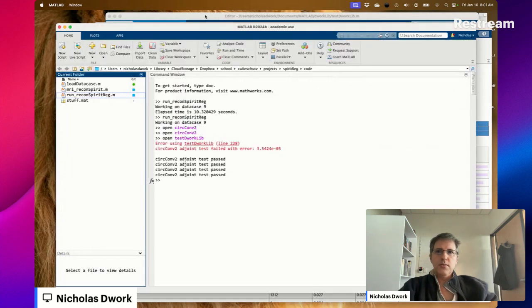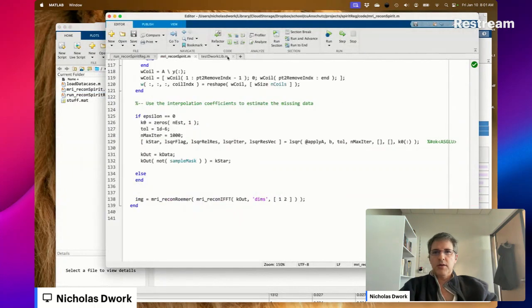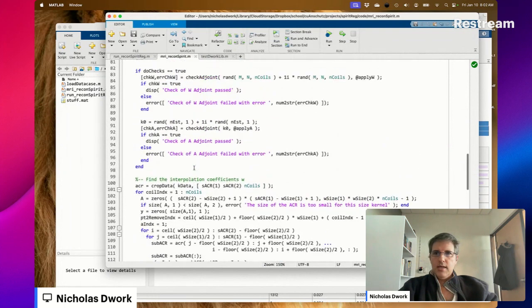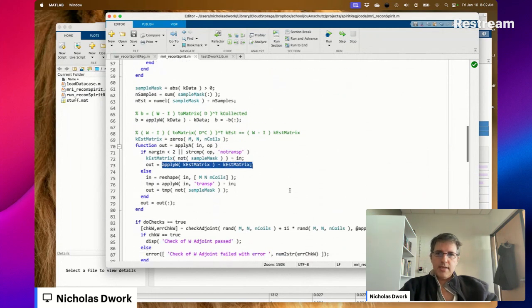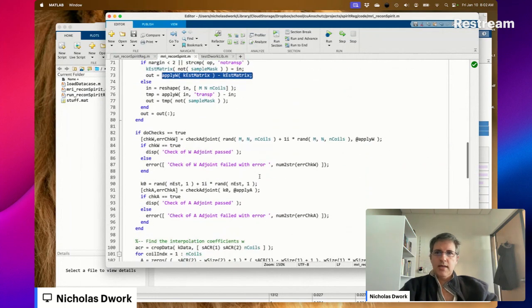All right, so the one way I thought we can maybe make SPIRiT more efficient in an interesting way is apply A. You see that apply A does this apply W and then minus, right?